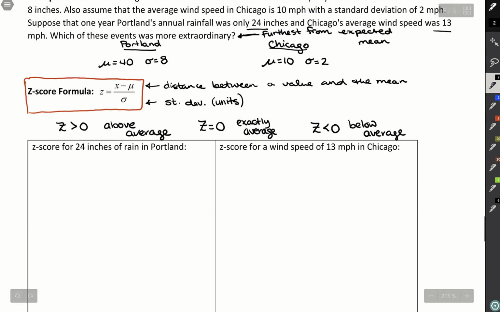With the 24 inches of rainfall, the formula would go like this, calculating z. 24 is our data value that we want to compare to the mean and standard deviation we have above. So we take that 24 minus the mean of 40 and divide by the standard deviation of 8. That gives us z equals -2.